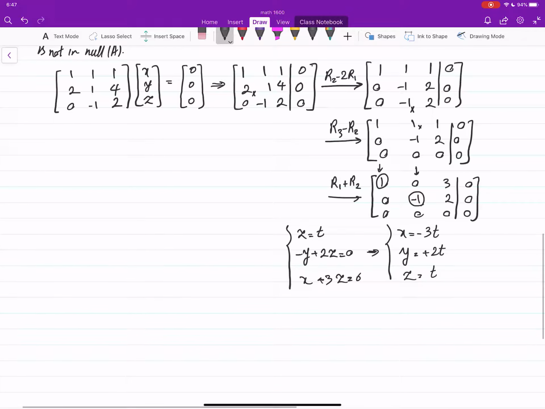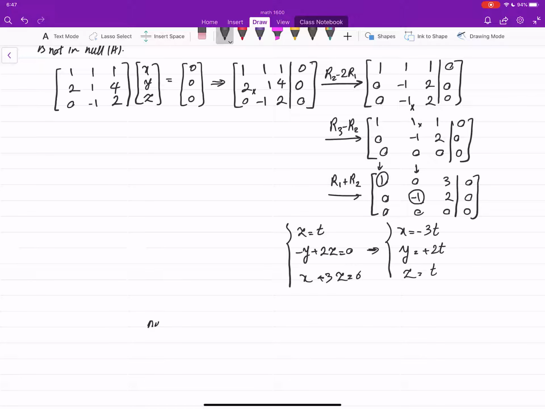In other words, null(A) is equal to all (x, y, z) such that x is -3t, y is 2t, and z is t.